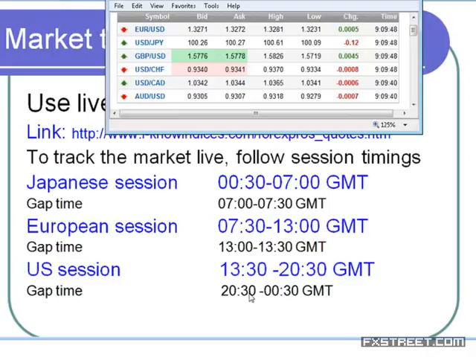Then between 20:30 and 0030 GMT there is a gap time of 4 hours. That time also you come across quick moves in the market, a sudden drop or sudden rise sometimes. That is done in the absence of big orders from the other banks, because the players have a specific type of order which will penetrate the market to their desired level.